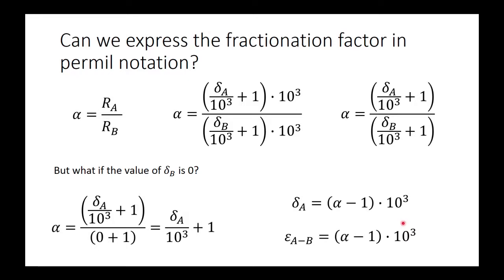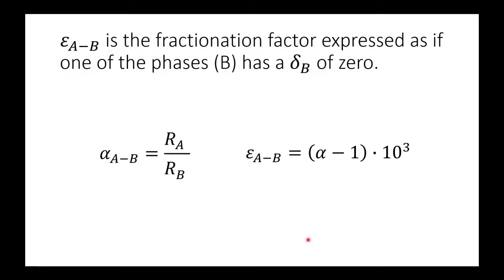Instead of expressing it as the fractionation between two phases in terms of their absolute isotope ratios, it's a way of expressing that as the difference in isotopes, expressed in this per mil notation, between two phases. Okay, so this is basically this term epsilon. So it's the fractionation between two phases expressed in terms of their fractionation factor. Now, yeah, so that's what this says.